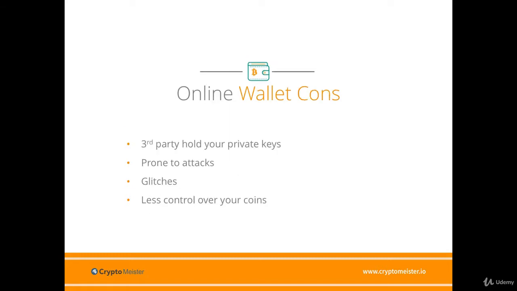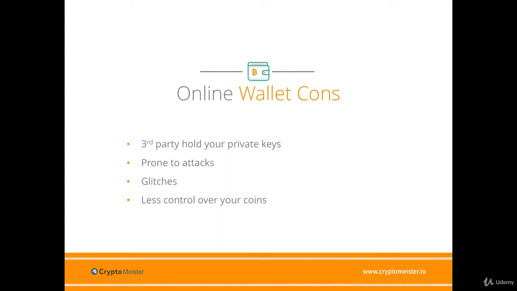The cons of online wallets are that your private keys are on a third-party server. They are more prone to hackers, malware, keyloggers, phishing scams and viruses. They are prone to technical glitches. And you have less control over your coins.